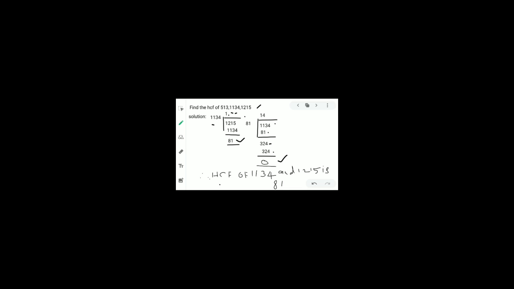Next, HCF of 1134 and 1215 is 81. See, it is common in these two. When I divide 1134 and 1215, I get the remainder as 81, and I take 81 and divide 1134 by it, and you will get the remainder as 0. It means it is common between them.